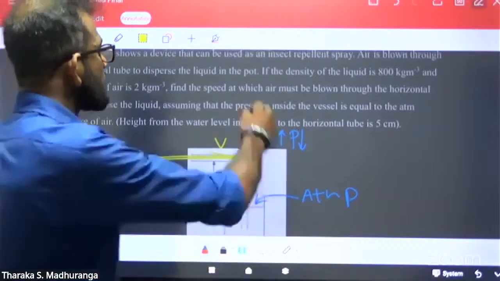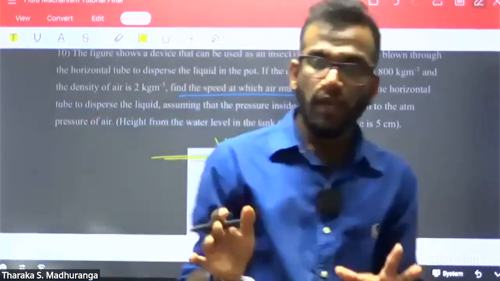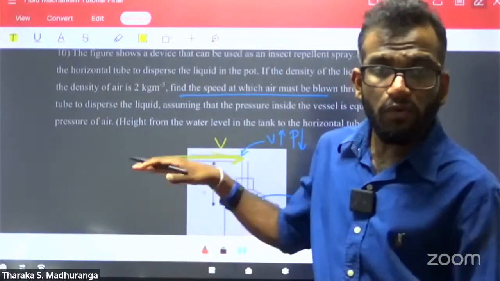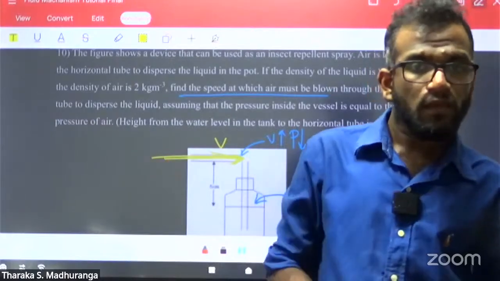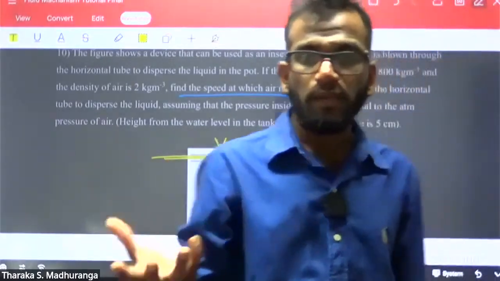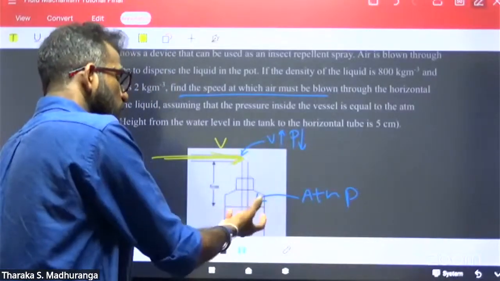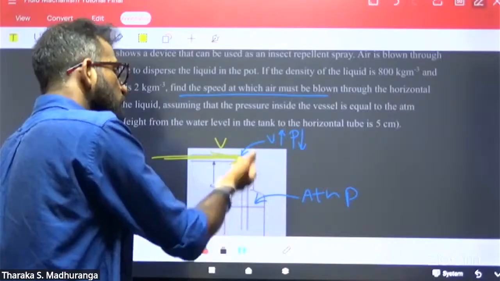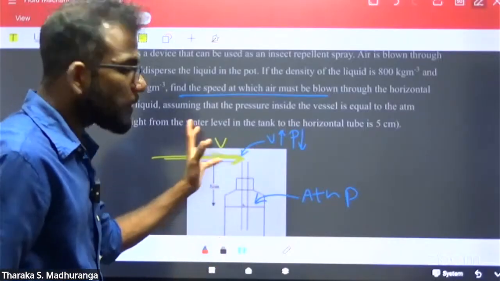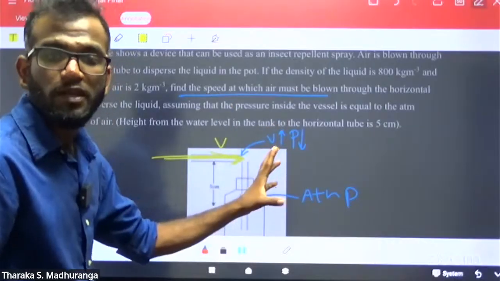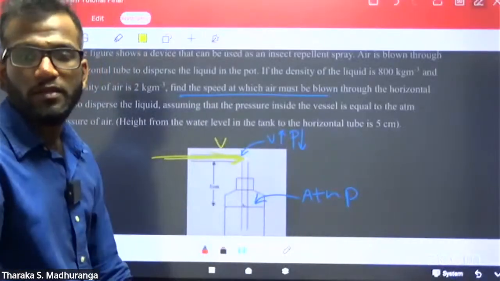Find the speed at which air must be blown. That means the minimum speed of the air in the horizontal tube required to make the spray, so that the liquid comes up through this line and makes a spray. What is the minimum speed required to provide air through this horizontal line? This is the question.